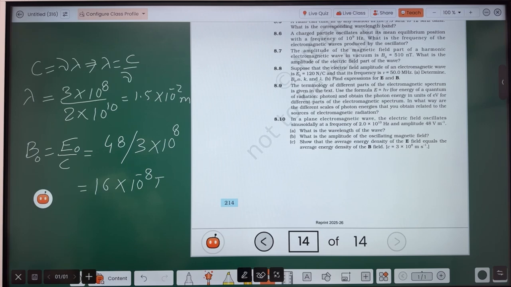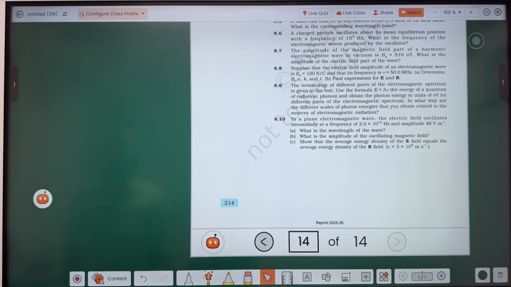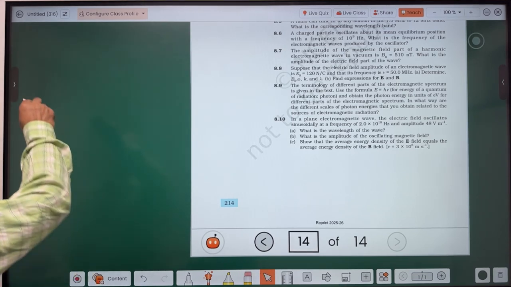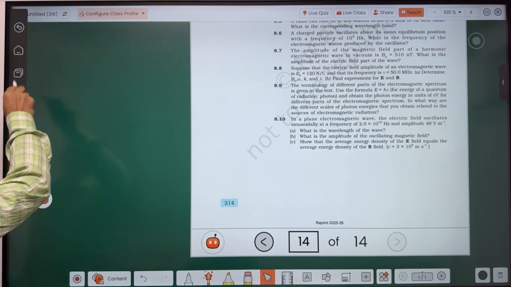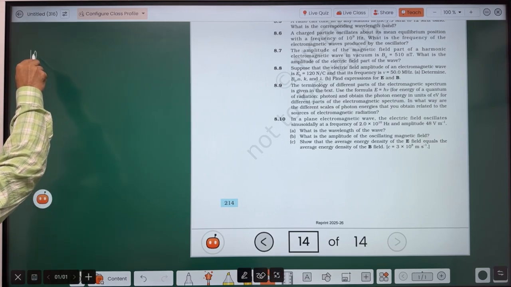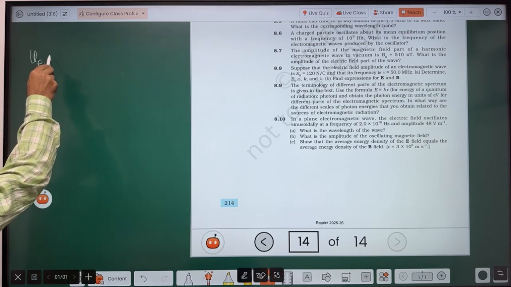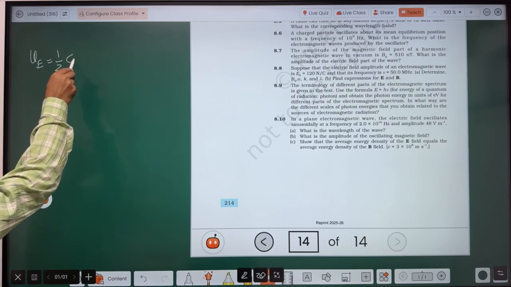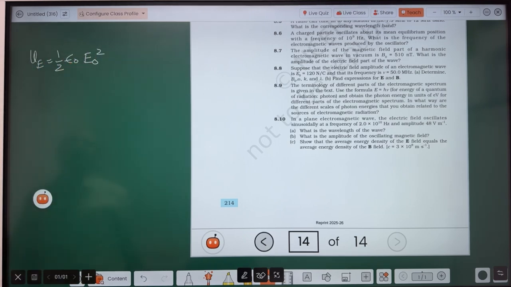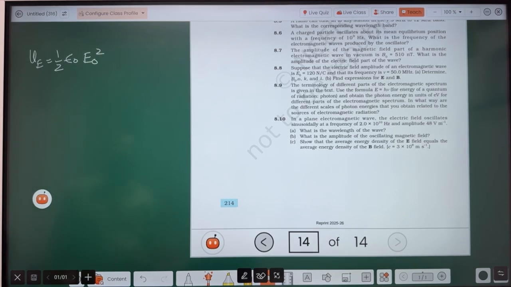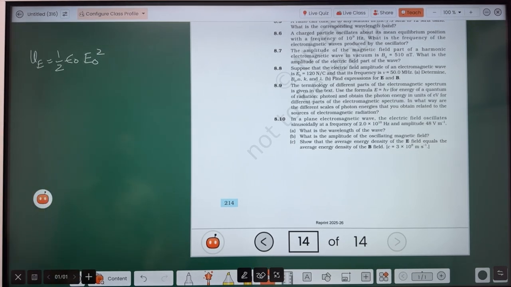Then, so that the average energy density of the E field equals the average energy density of B field. For this purpose, we can start with the average energy density of E field, UE, equal to 1 by 2 epsilon naught E0 square. This is the average energy density of electric field.